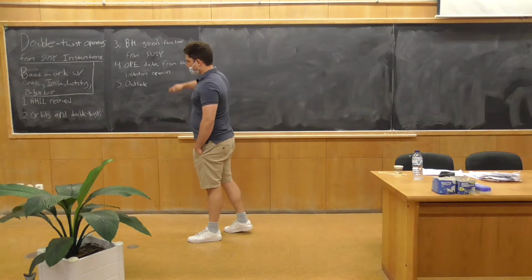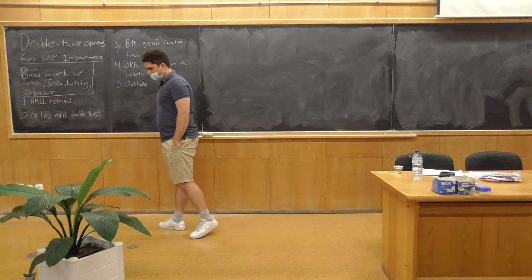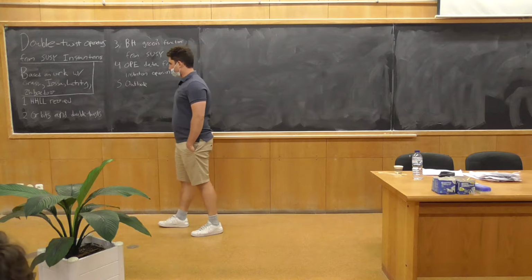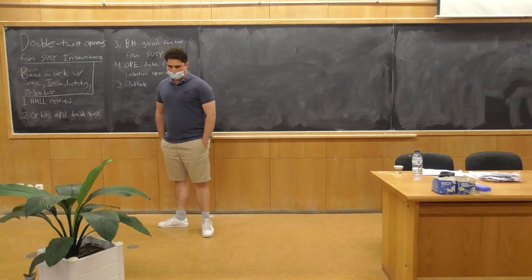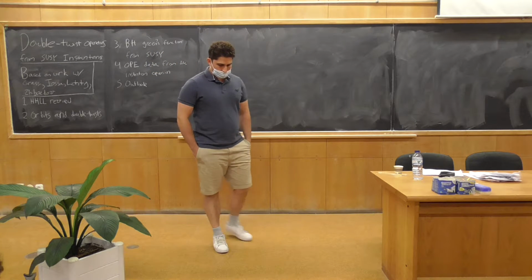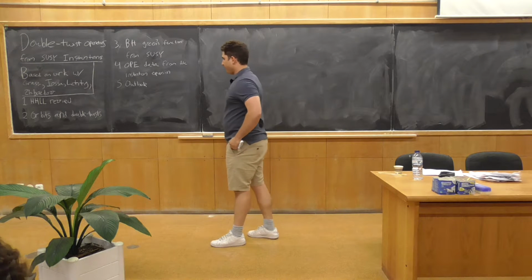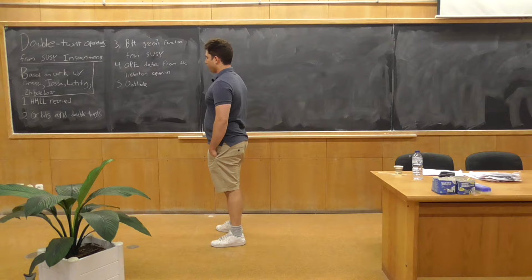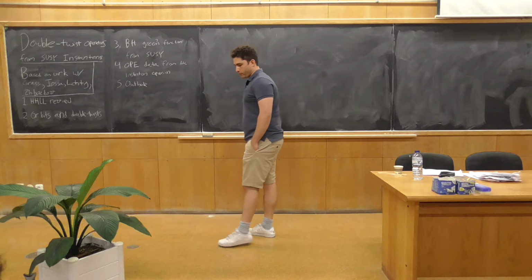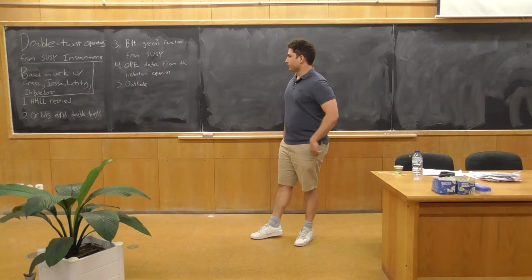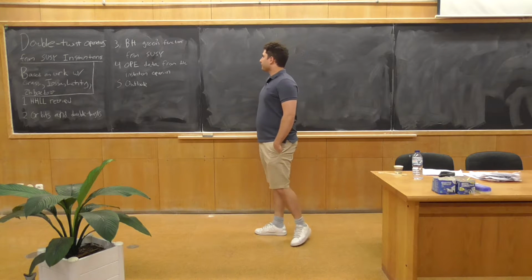Here's a quick outline. I'll start by reviewing something that all of you likely know very well, which is the heavy-light 4-point function and the associated double twist operator. Then I'm going to study these double twist operators by mapping them to a black hole, and they'll become orbits around a black hole background.